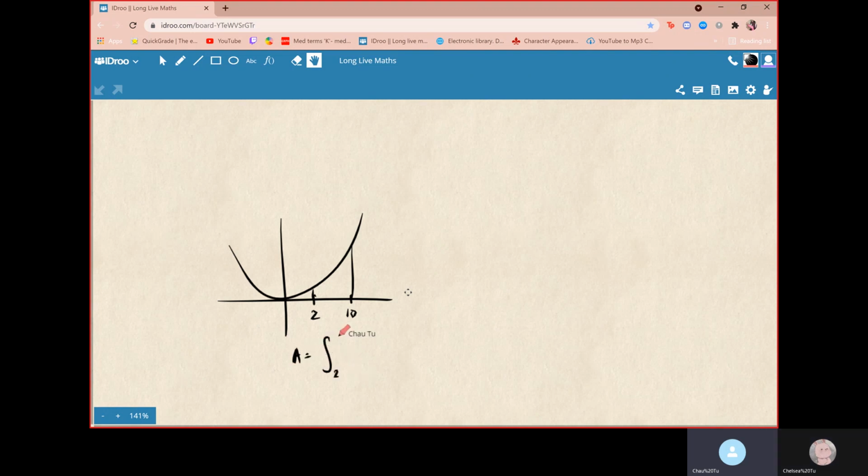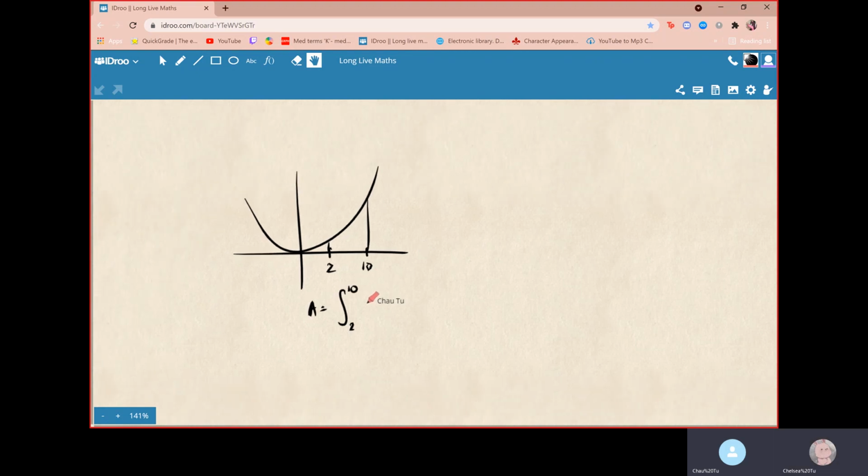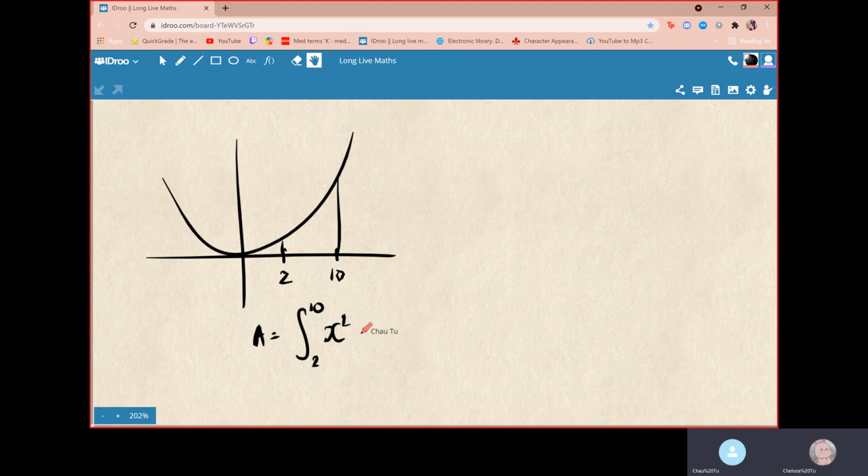If you're trying to work out the area from 2 to 10 of that graph x squared, don't worry about this dx for the time being. Someone noticed that if you can find something that will differentiate to this, that will allow you to work out the area underneath the graph.